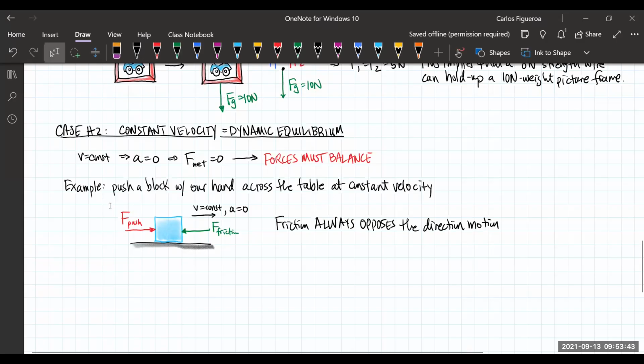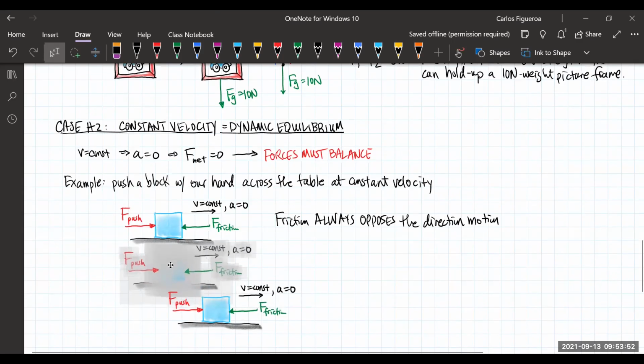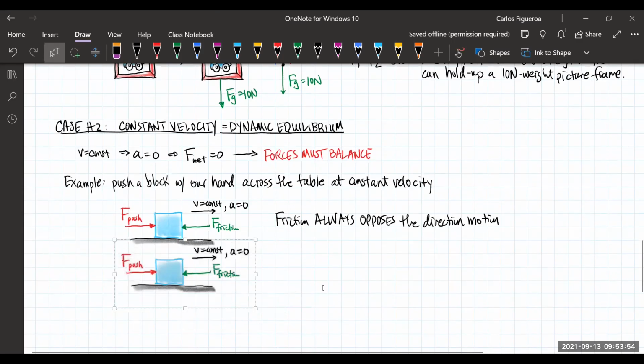So what you're going to see here is that that's typically not the way I draw it. The way I typically draw it is like this here. So I'm going to bring this back up here. And the way I typically draw it is I come in and I do this. I'm going to say what's pushing this thing in the forward direction is the force of my hand. And the force of friction is opposing the force of my hand.